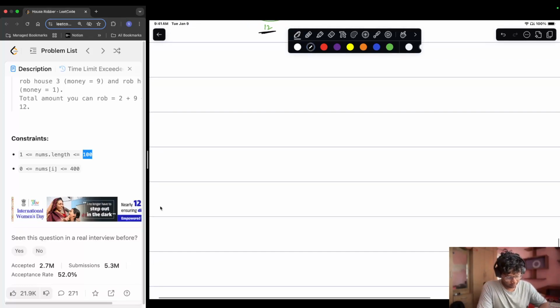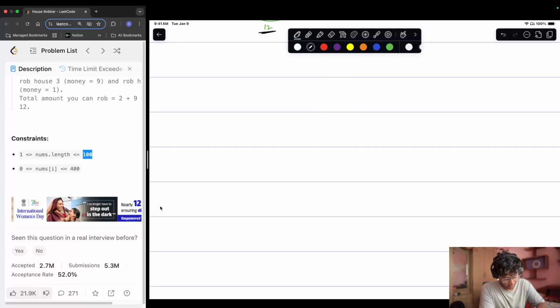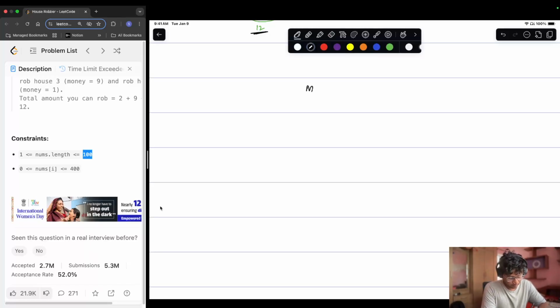For the first one, if I take the 100th element, that is 99, I either don't take it, so 98, or I take it. This is actually creating a bit of confusion. Call it max profit of 99.